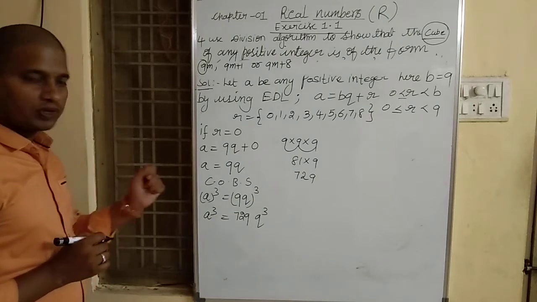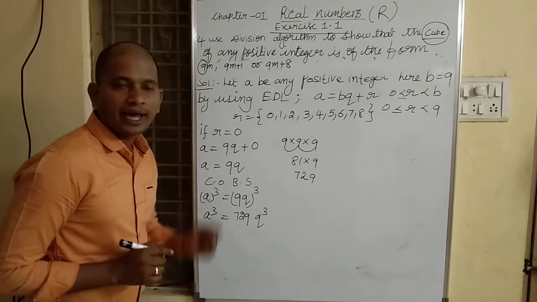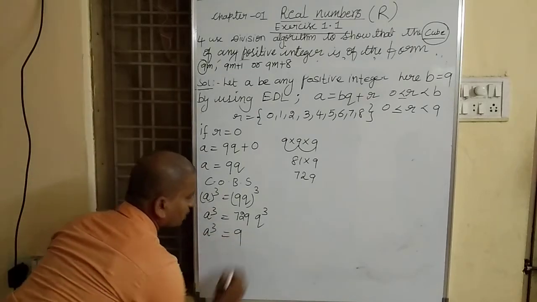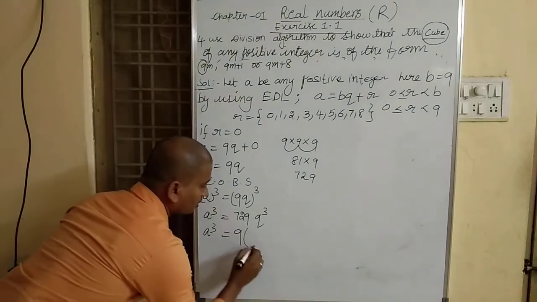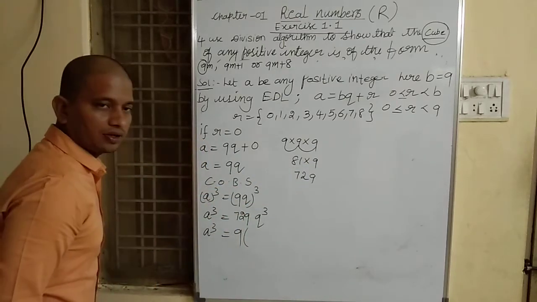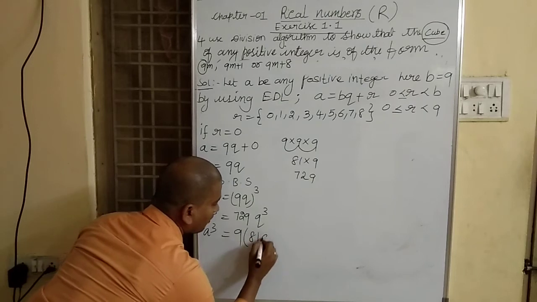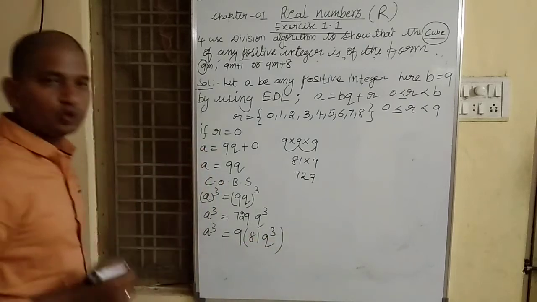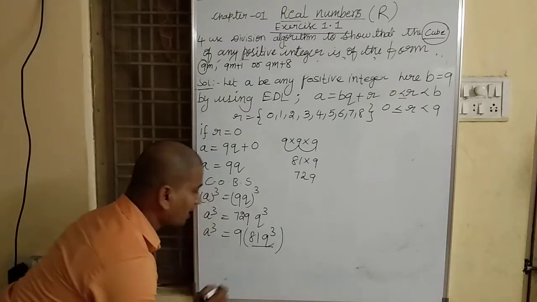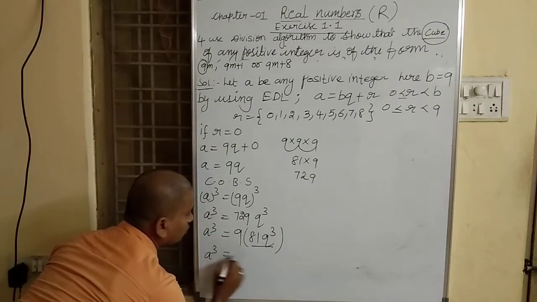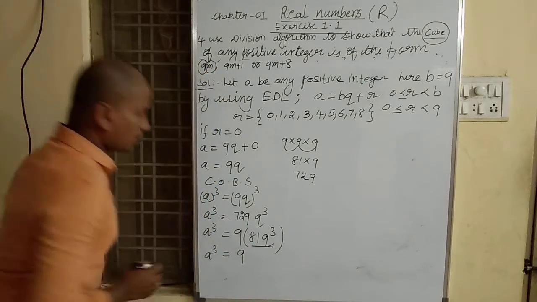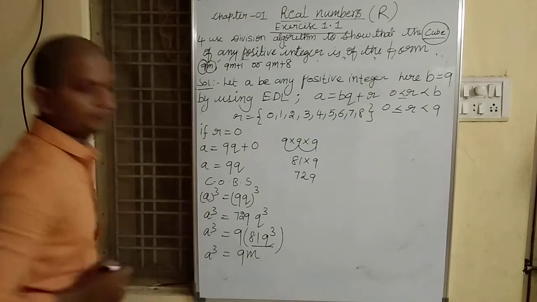729 q cube. So this 729 q cube, as per my convenience, I can also write it by taking 9 as common. 9 times how much is 729? 9 times 81 is 729. So if I take 9 common, I will get 81 q cube. Right? So this 81 q cube, I can consider as integer m.